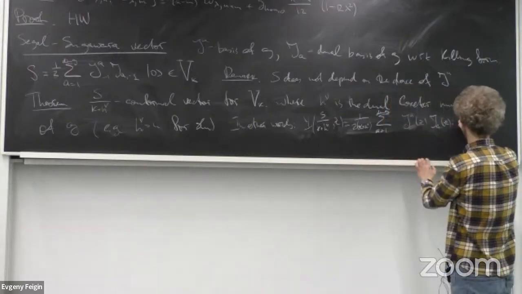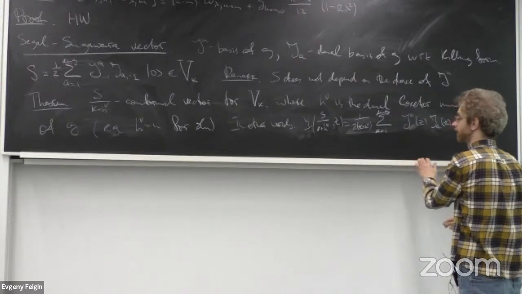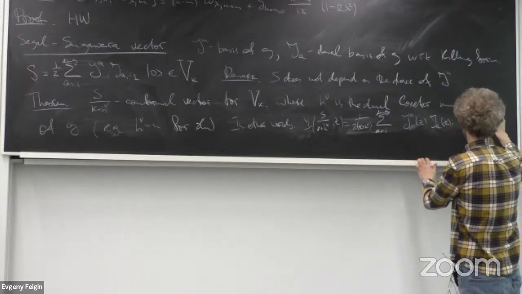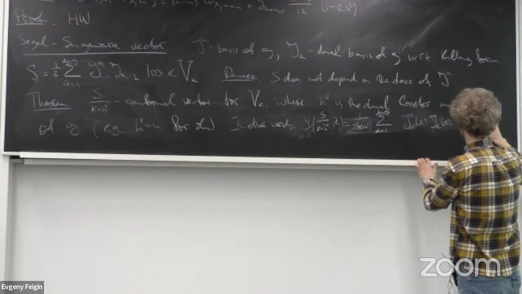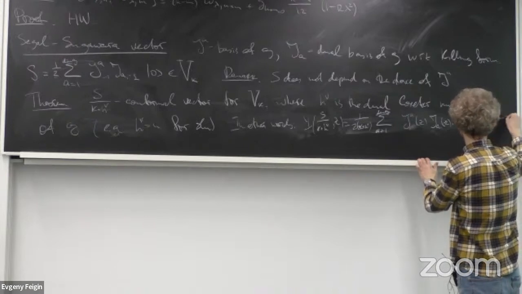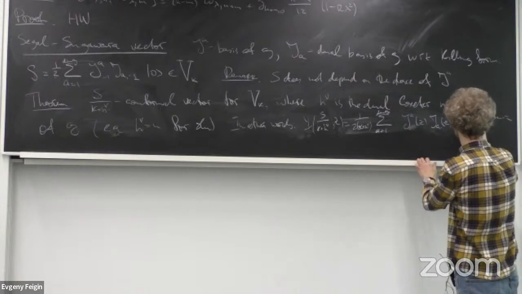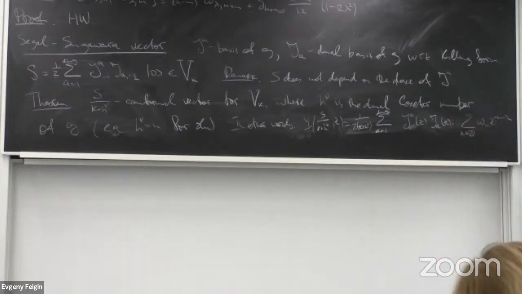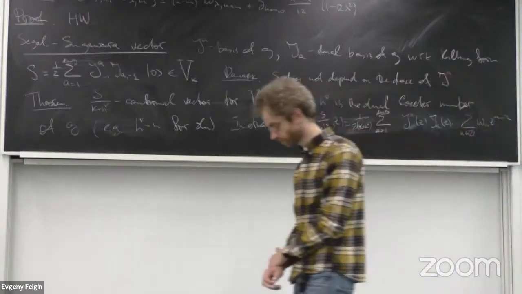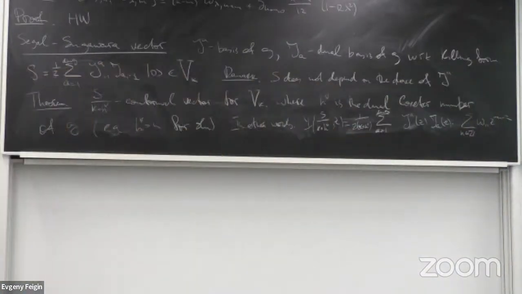And this should be the sum of omega_n z^{-n-2}, where n is in Z. Yes, and these omegas do satisfy the Virasoro relations, and this is our conformal structure.